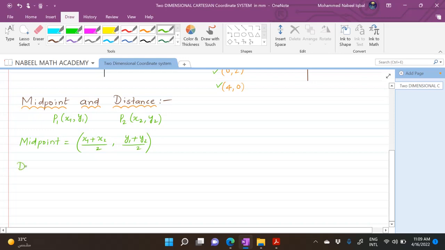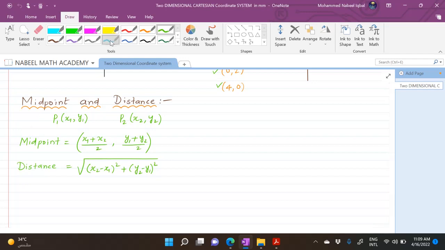Now what about the distance? The distance is given by the square root of (x2 minus x1) whole square plus (y2 minus y1) whole square. So this is my distance. Now let us understand this rule. Suppose you have these two points.